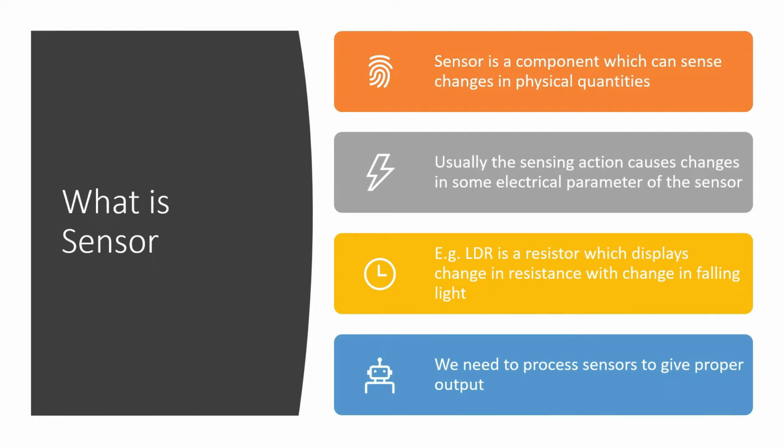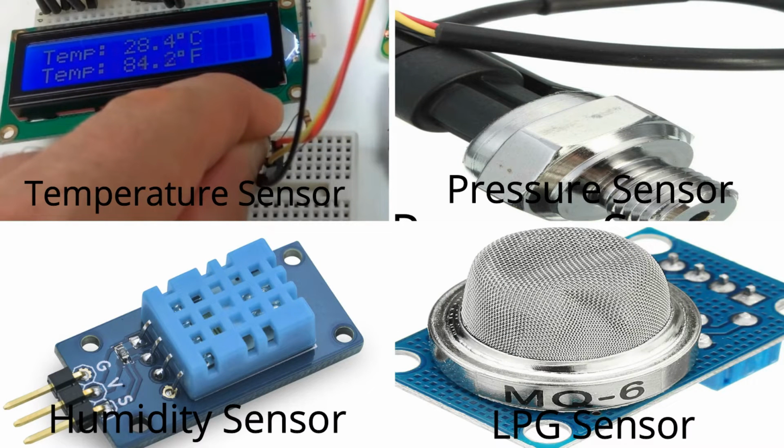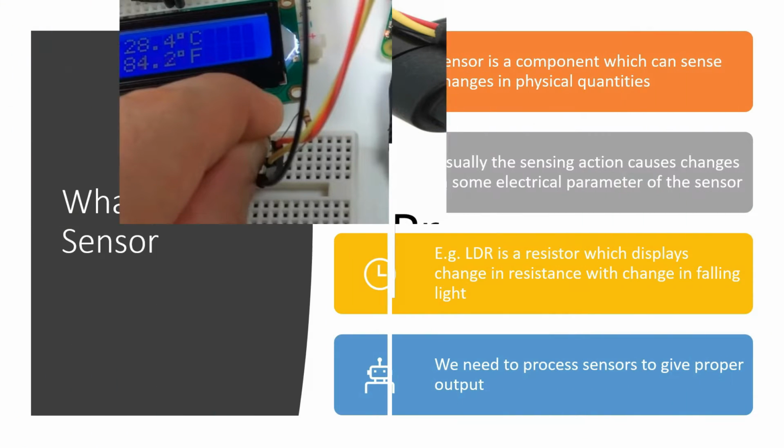A sensor is basically a physical component which can sense changes in some kind of physical quantity or physical parameter. Like there is a sensor for temperature, then for pressure, humidity. There are also sensors for LPG leakage as well as detection of alcohol.